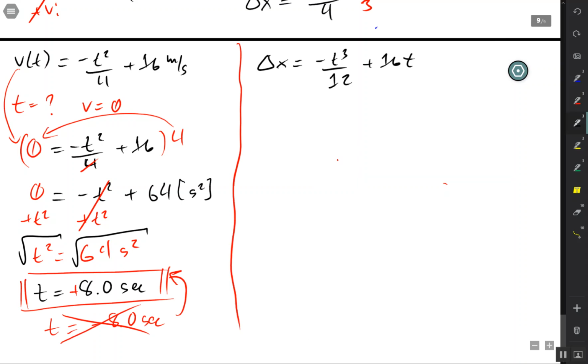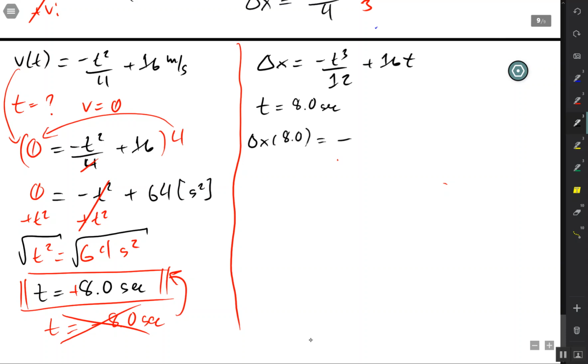Now I'm going to do something similar here. Just plug in 8 seconds and find out how far it went. Essentially, this delta x is a function of t, but now it's delta x at 8.0.